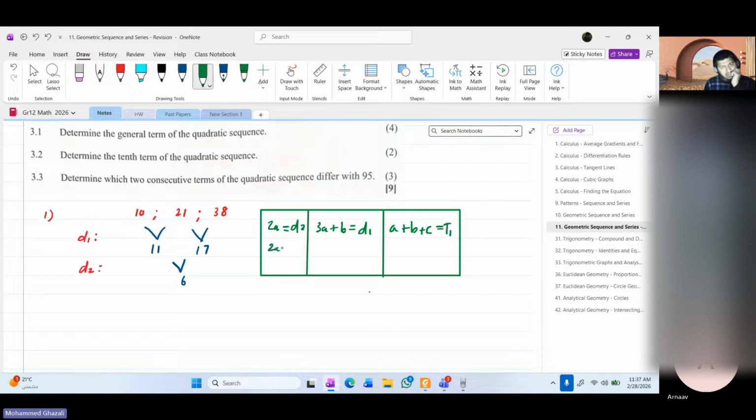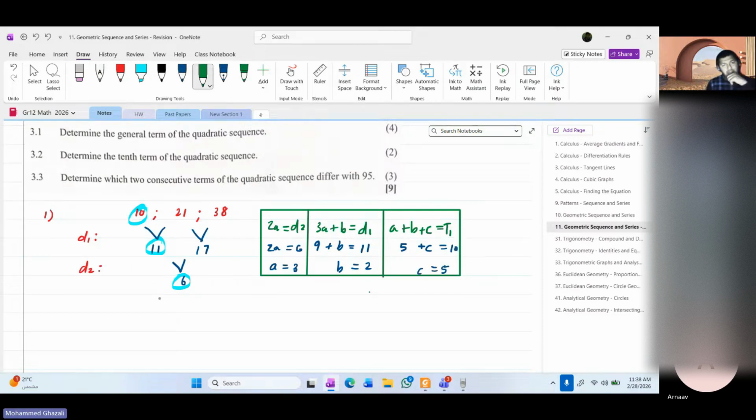So 2a is equal to 6, so a is equal to 3. 3 times a is 9. 9 plus b is equal to d1, which is 11. You always choose the first values there, right? Left values. So b is equal to 2. Now a plus b is 3 plus 2, which is 5, plus c is equal to term 1, which is 10. So c is equal to 5.